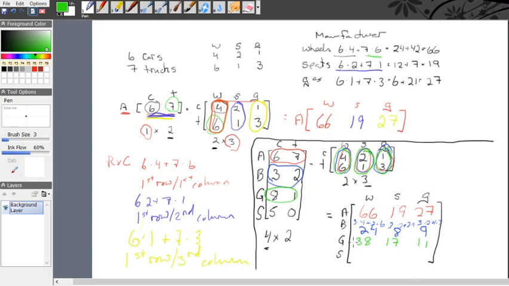And I will leave the calculation of Schick and how much he needs as an exercise for you. What numbers go here, here, and here.